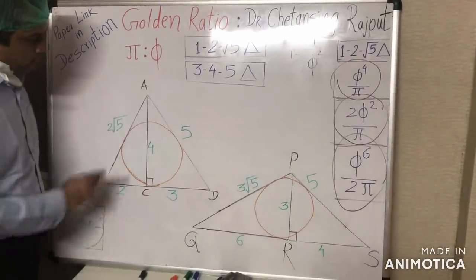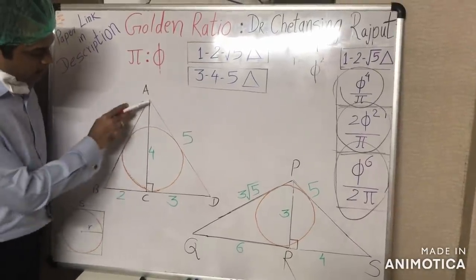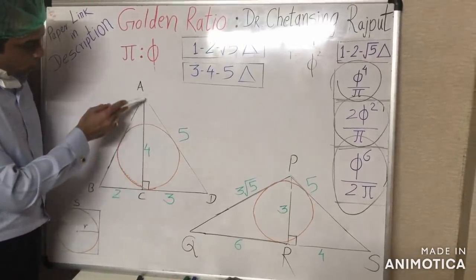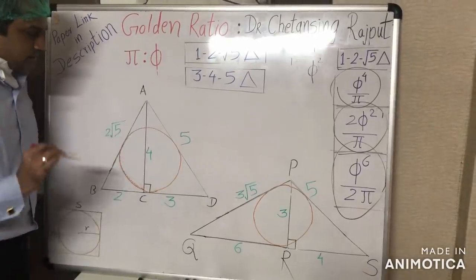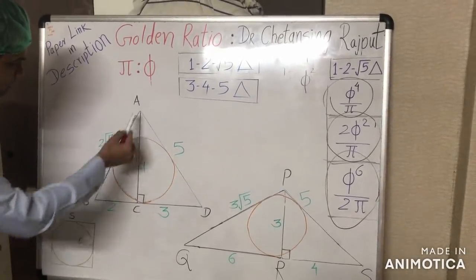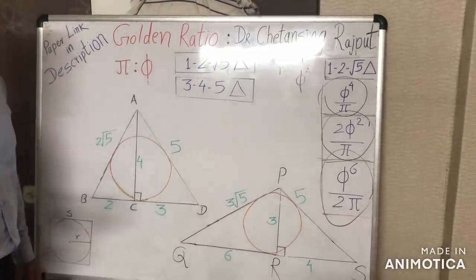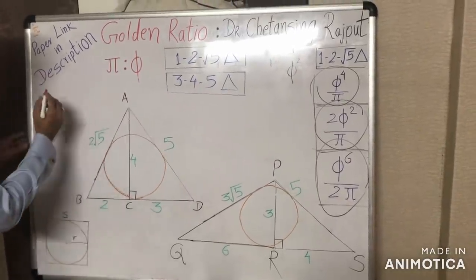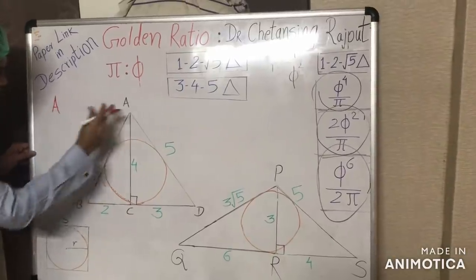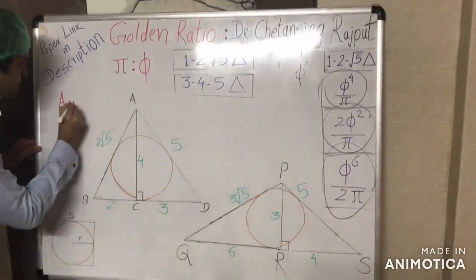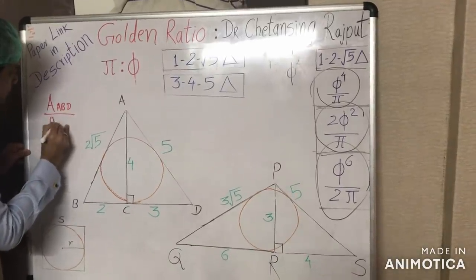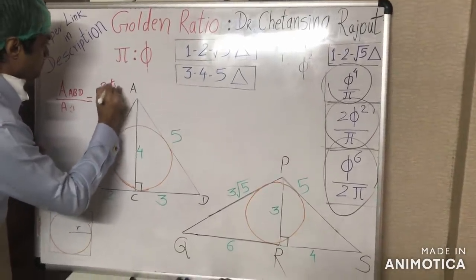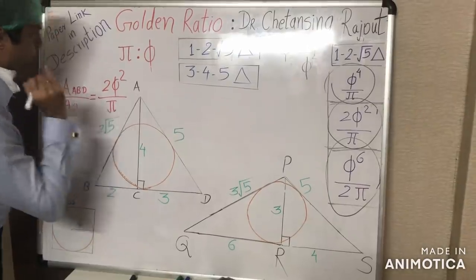If we connect the 1 to root 5 triangle and the 3, 4, 5 triple with their common longer catheti AC, and if we incorporate the incircle in this combined triangle ABD, here also we observe a similar precise correlation: the area of this triangle ABD upon the area of its incircle is precisely equal to twice phi square upon pi.